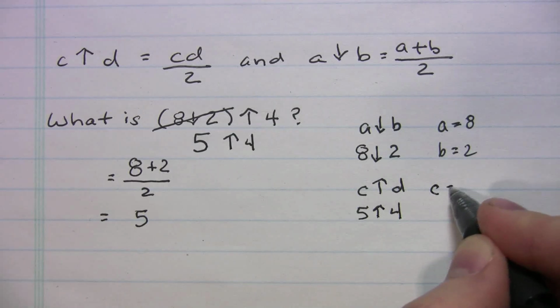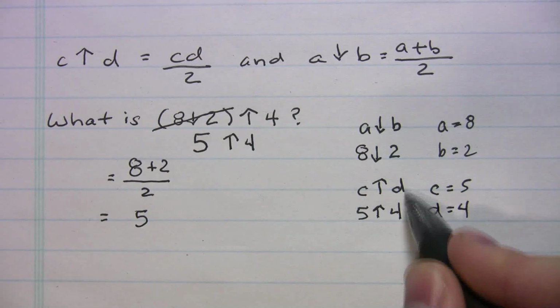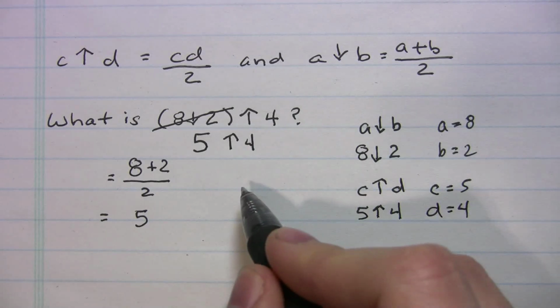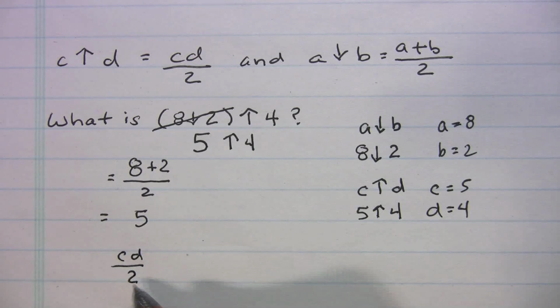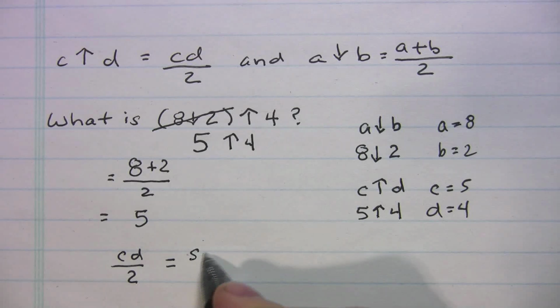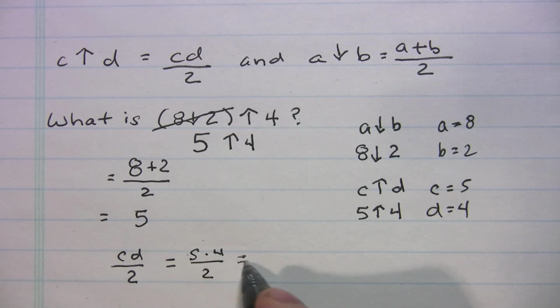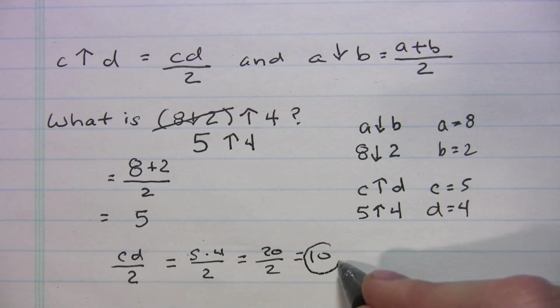So I know my C is 5 and my D is 4. Let's plug in. So now we're going to do CD over 2, which is equal to C times D, 5 times 4, all over 2, which gives me 20 over 2, which gives me 10. So 10 is your final answer.